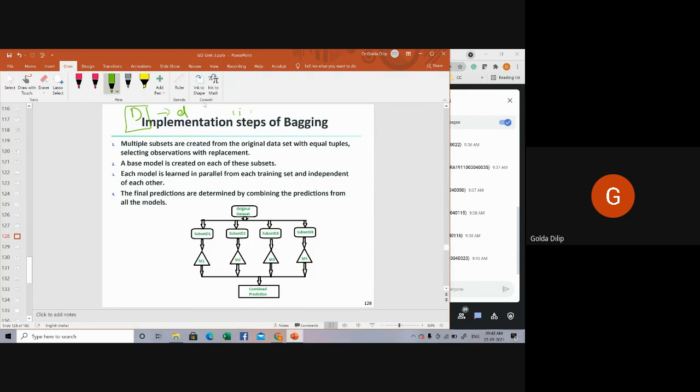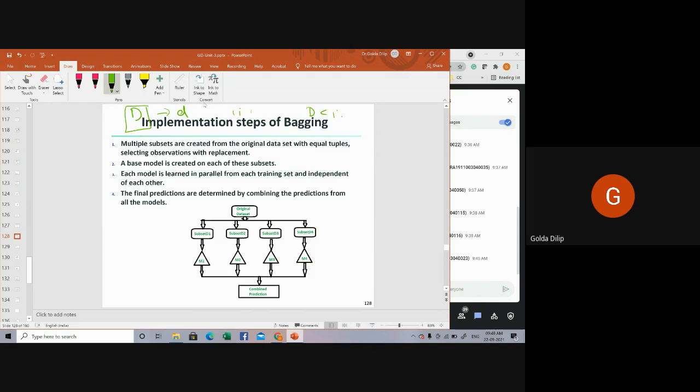Then a classifier model Mi is learned for each training data set Di. So each classifier Mi returns its class prediction. Then finally the bagged classifier M will count the votes and assign the class with the maximum number of votes to X, whatever is the unknown sample.